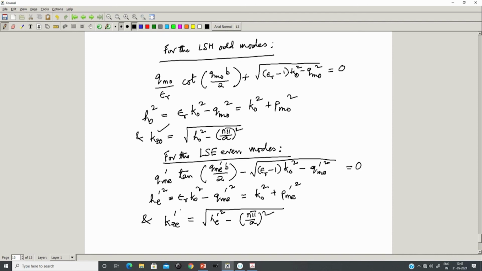So, similarly, if you set k_ze prime equal to 0, we will obtain the cutoff frequency for the LSE even mode.